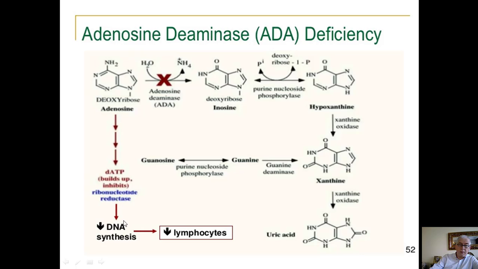If you block ribonucleotide reductase, you cannot produce the deoxy form of nucleotides, and DNA synthesis is blocked. In this case, T and B lymphocytes are affected so badly.